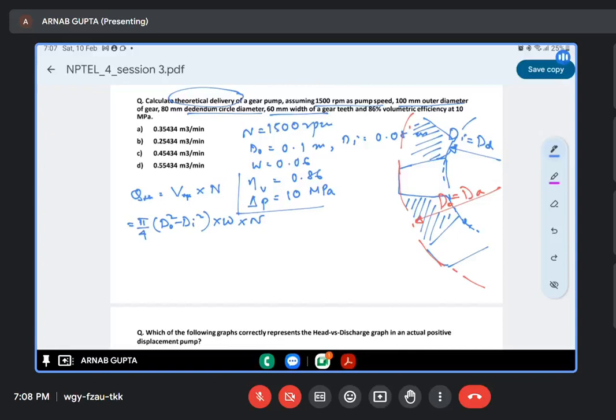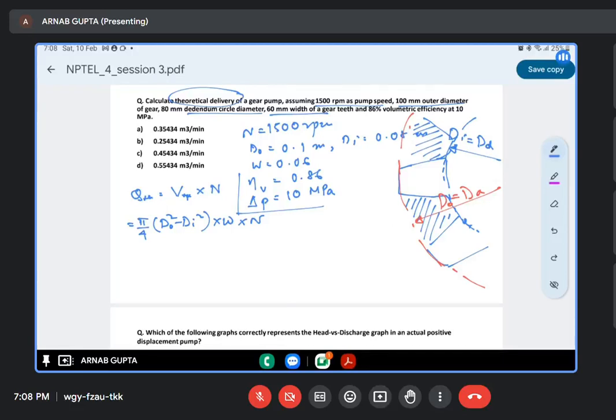So we have pi by 4 multiplied with the outer square, so 0.1 square minus 0.08 square, multiplied with W, that is 0.06. That will give me VT.